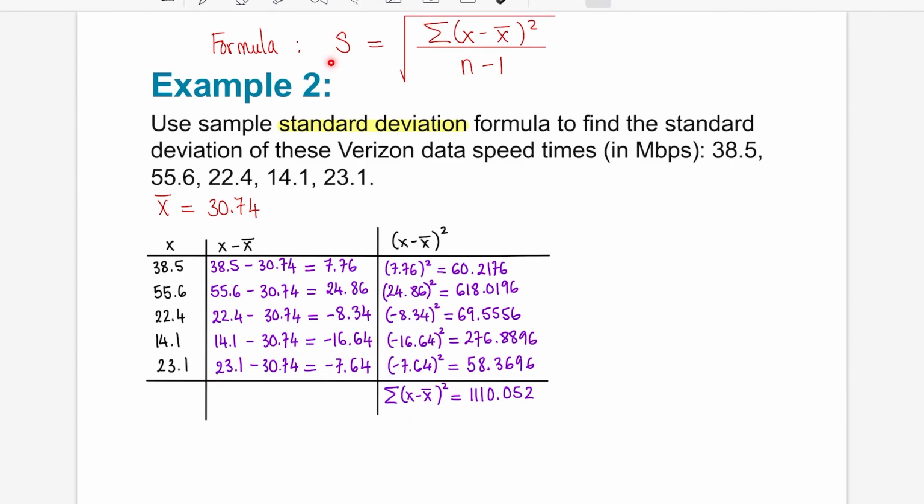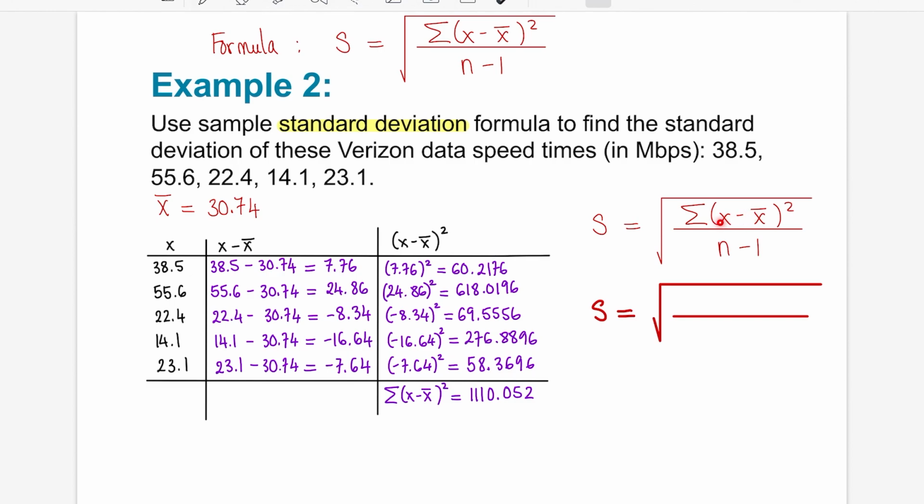Next, I am going to put everything into this formula right here. The numerator is the sum of (x minus x bar) squared, which is the number that I found here, 1110.052, over n minus 1. n is the number of data values that I have: 1, 2, 3, 4, 5.